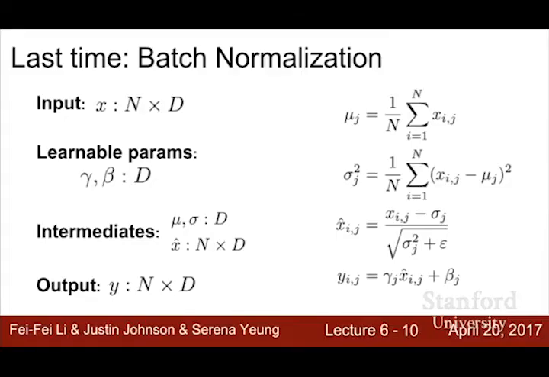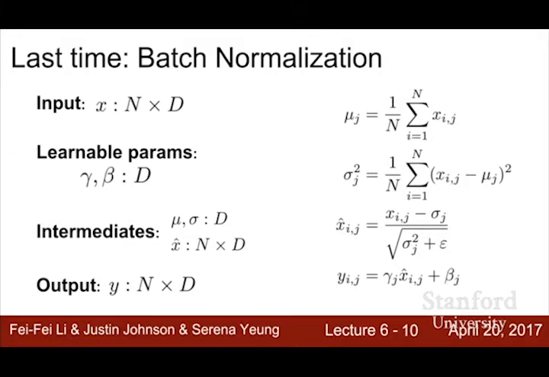And because we have this intuition that normalization is so important, we talked about batch normalization, where we add this additional layer inside our networks to force all of the intermediate activations to be zero mean and unit variance. I've re-summarized the batch normalization equations here with the shapes a little bit more explicit. Hopefully this can help you when you're implementing this on assignment 2.